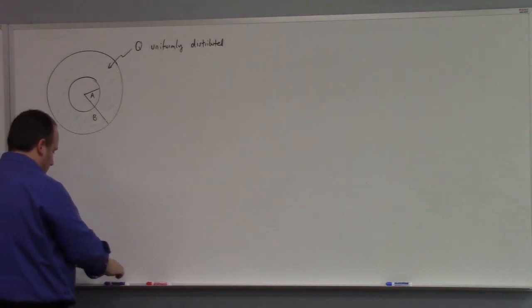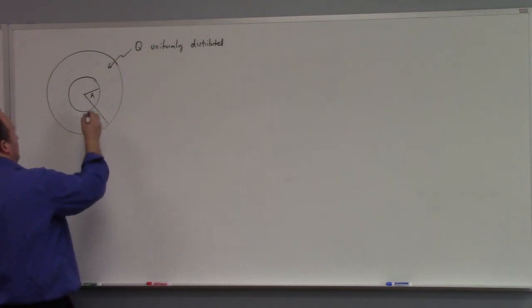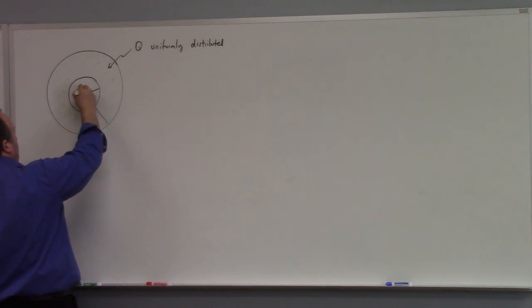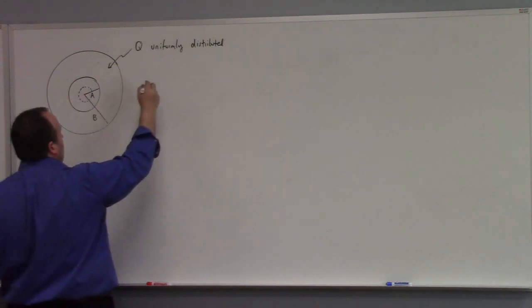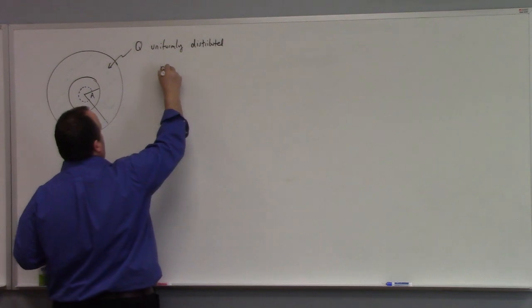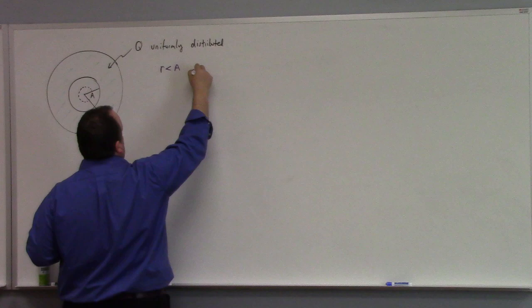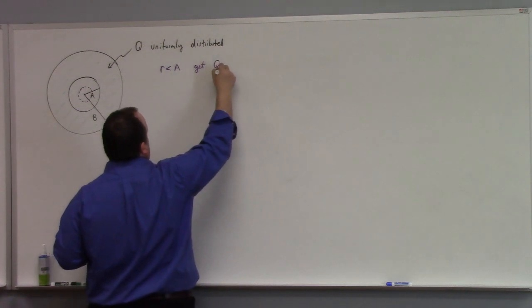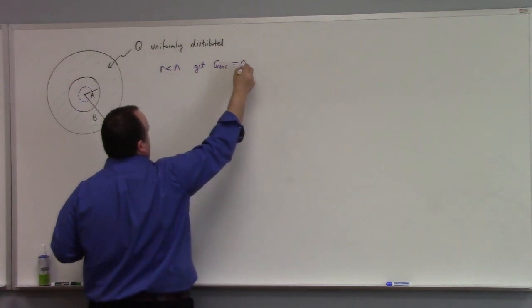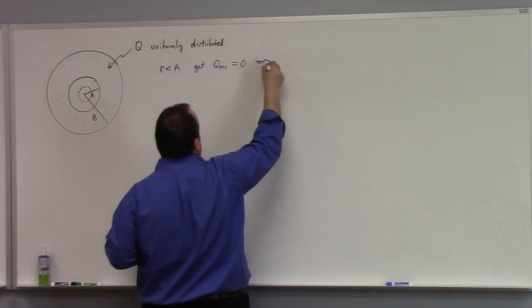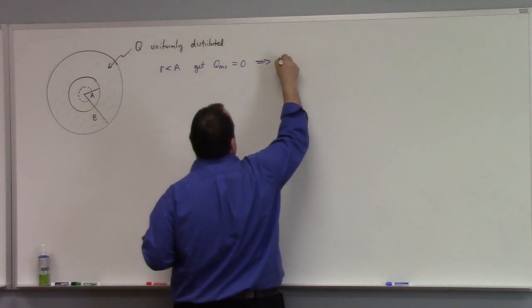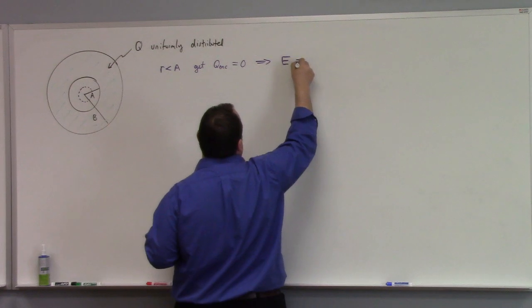And so what we did was we said, okay, well, inside here, if I put a little Gaussian sphere inside, if I have R less than A, we get Q enclosed is equal to 0, which by the spherical symmetry implies that the electric field at such radii is 0, right?